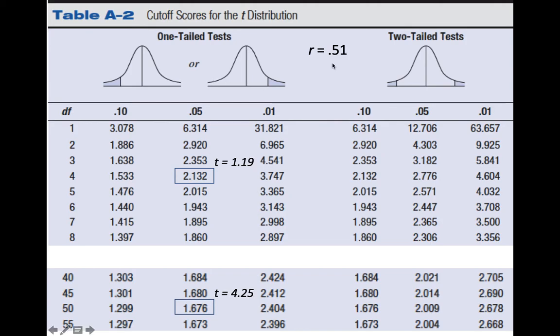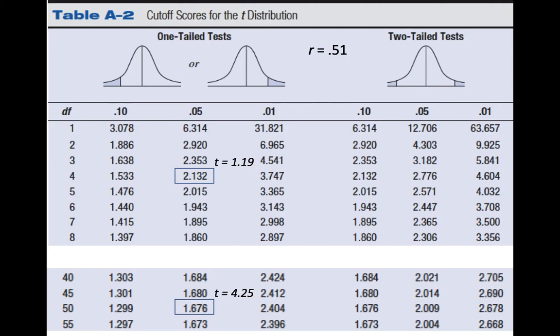Based on the exact same correlation, if it is only based on 6 people, so 4 degrees of freedom, we get a non-significant result. However, by just having more people in the study, we end up with a statistically significant result. And hopefully, intuitively, that makes a bit of sense.